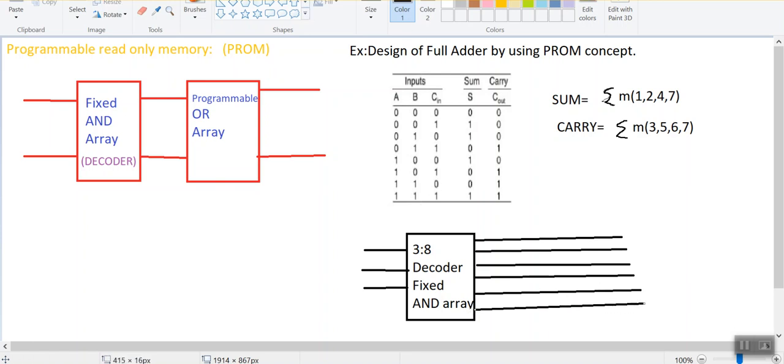Let us have the numbering 0, 1, 2, 3, 4 and 5, and along with it you will have 6 and 7 also. My inputs are A, B and C in, these are my three inputs.